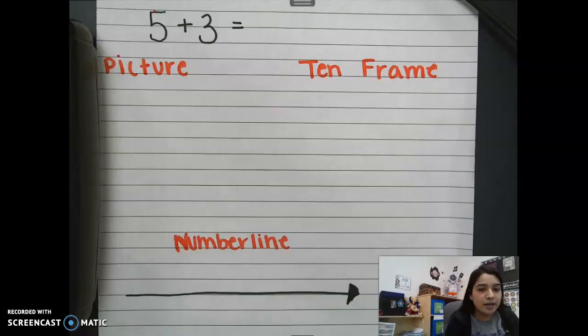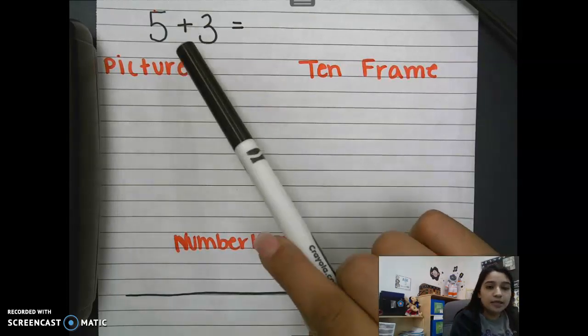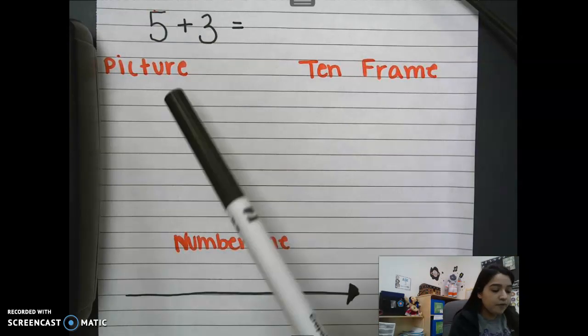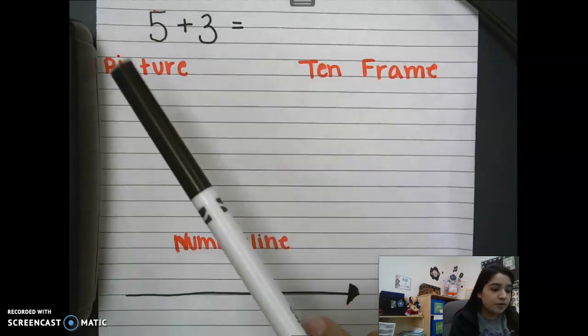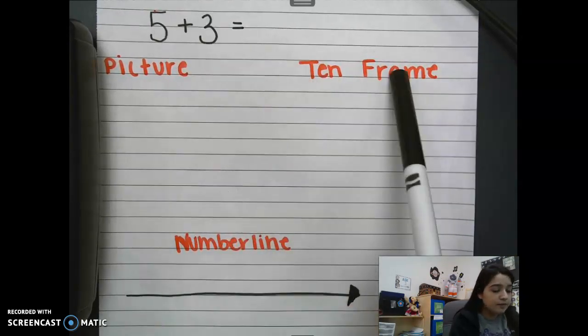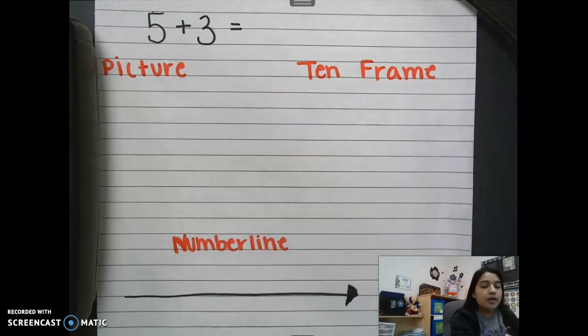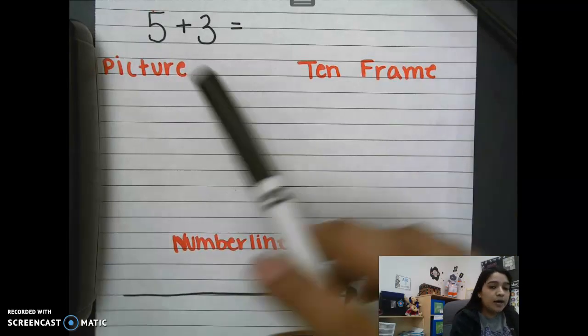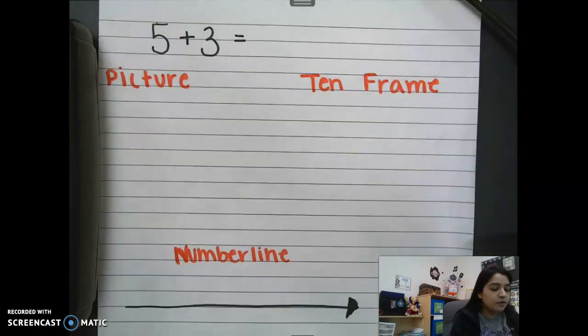Right here, I have a problem. We're going to look at this equation and solve it the 4 different ways that we know: using a picture, a 10 frame, a number line, and also our linking cubes. Let's read the number sentence first.